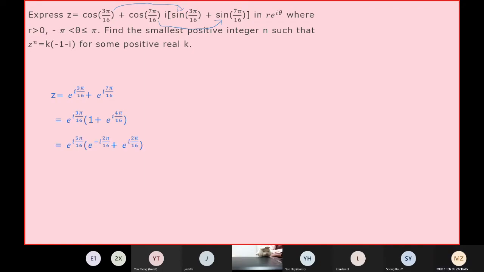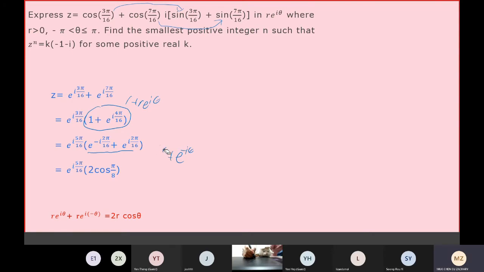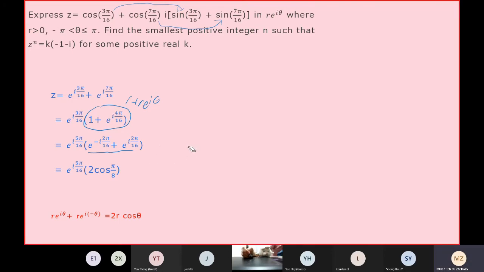But then we apply the half angle trick. Is this form familiar? You have r plus r e^(i theta). Then we factorize out, and we get this. Then we use the identity e^(i theta) plus e^(-i theta) to give us e^(i 5 pi over 16) times 2 cosine pi over 8.